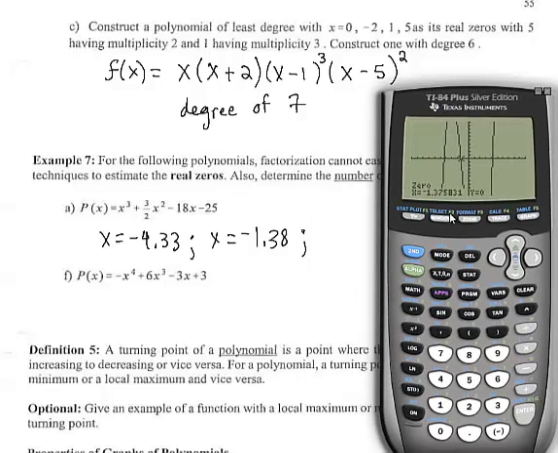Now for our last zero. Same procedure. Arrow to the left, and it drops below the zero that I want, and I am looking at this x-intercept.